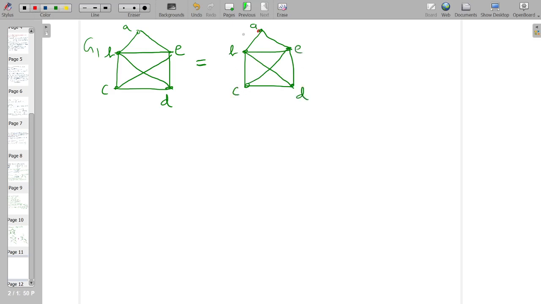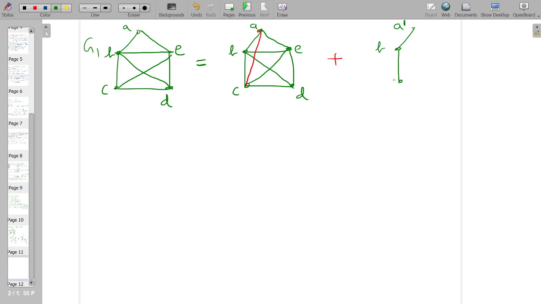Now I join A with C. I fuse A and C, call it A dash.